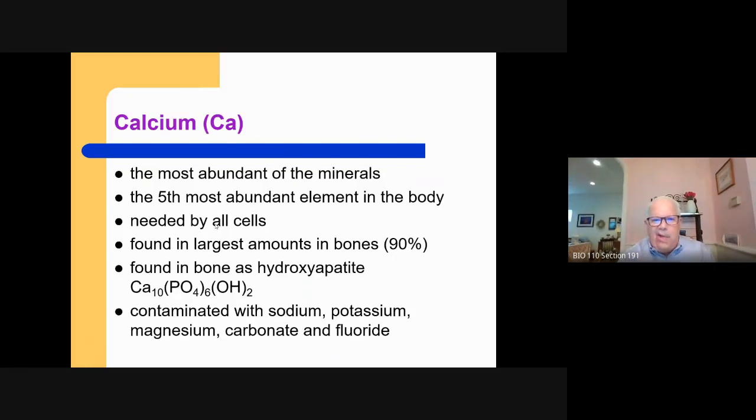It is the most abundant of all the minerals. Not only that, it's the 5th most abundant element in your body. It's needed by all cells. It's found basically in bone, as hydroxyapatite crystals.